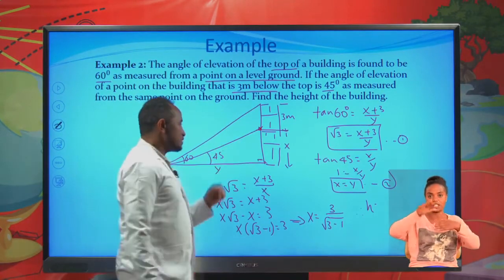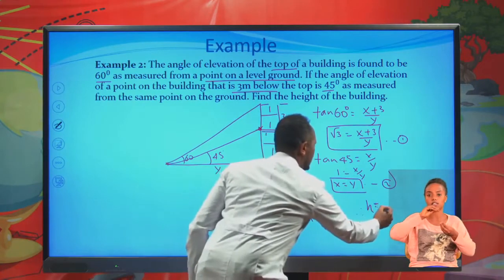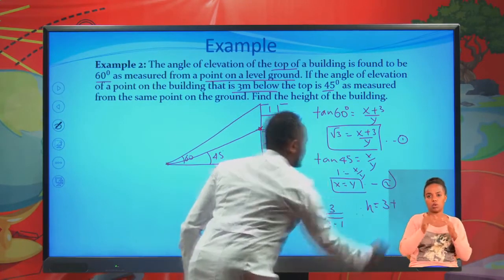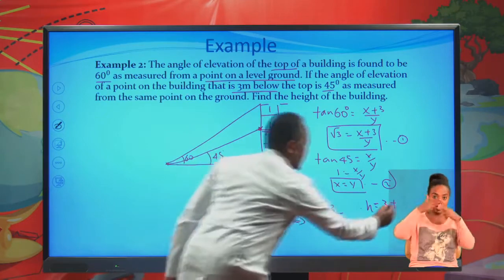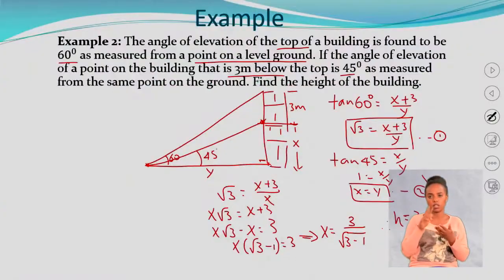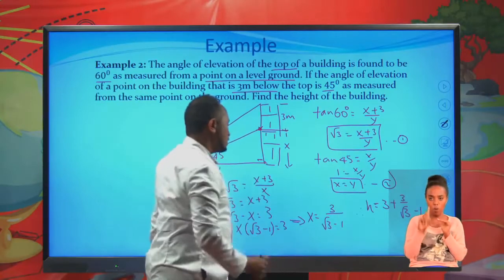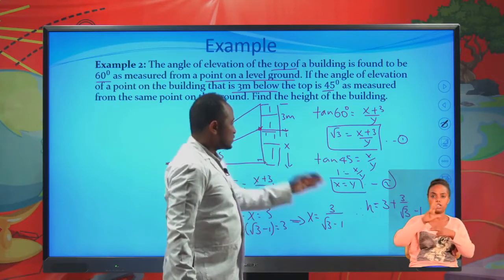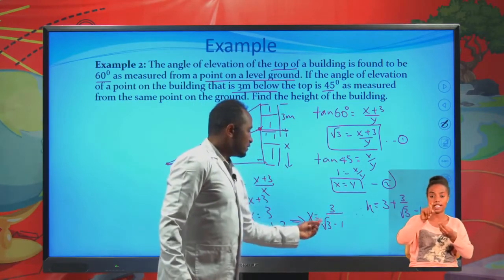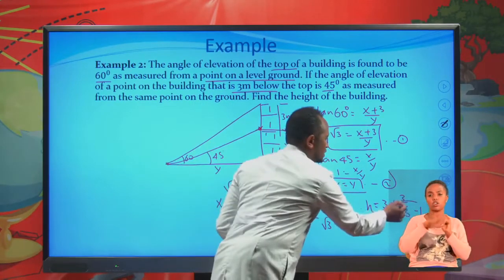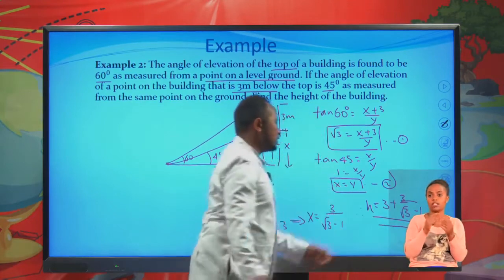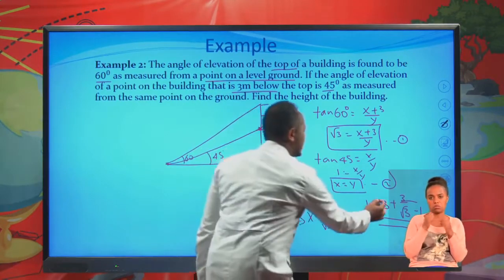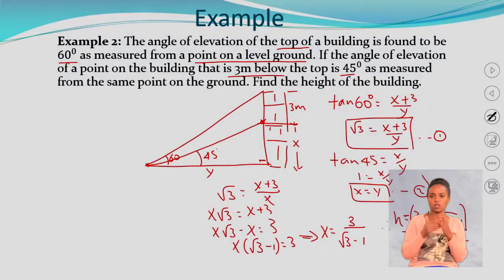We have found x, therefore the height of the building will be 3 plus 3 over root 3 minus 1. You can simplify this by yourself, so the height will be this much, in meters.